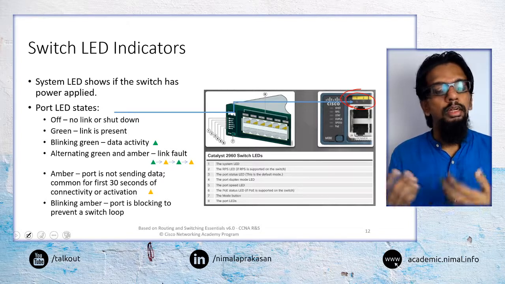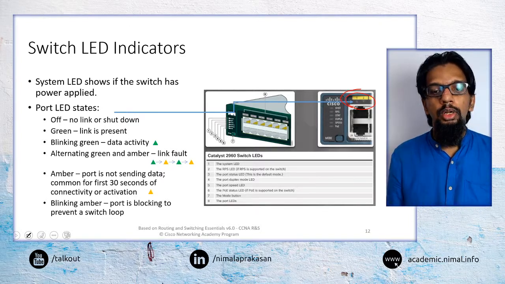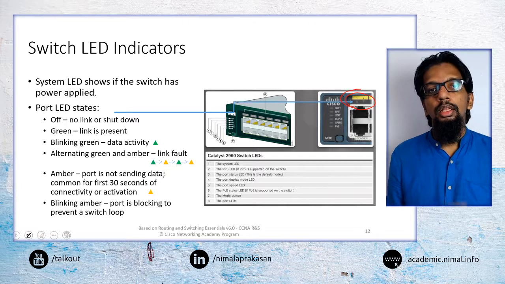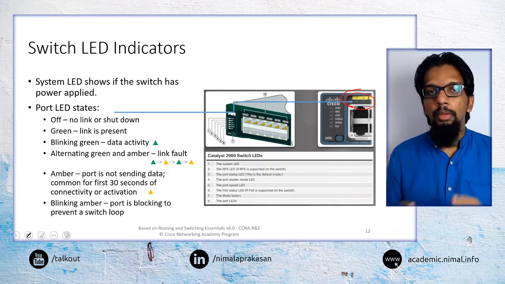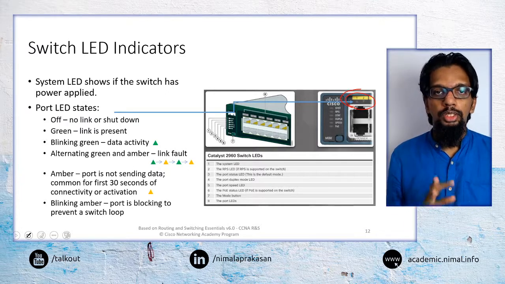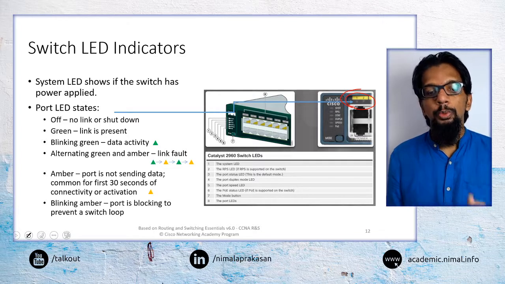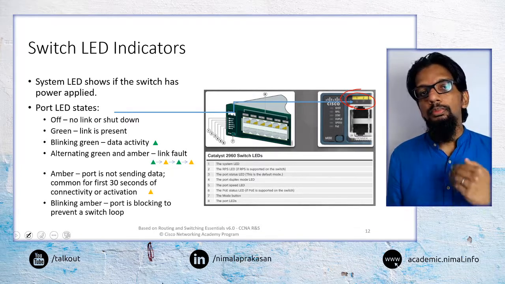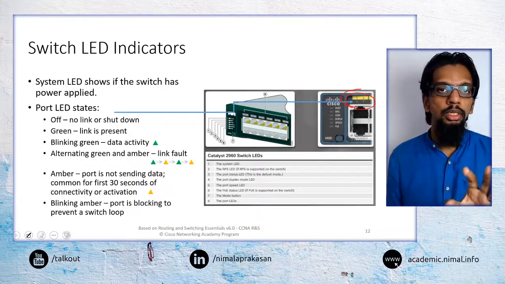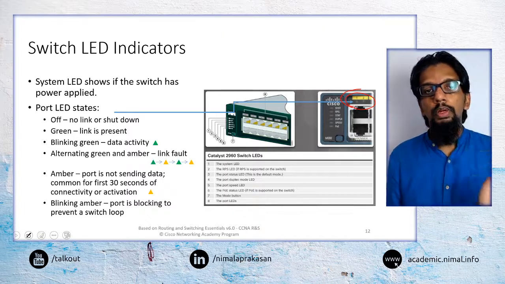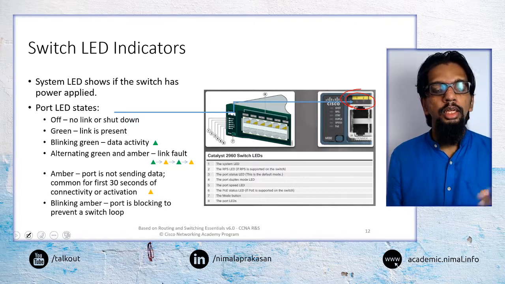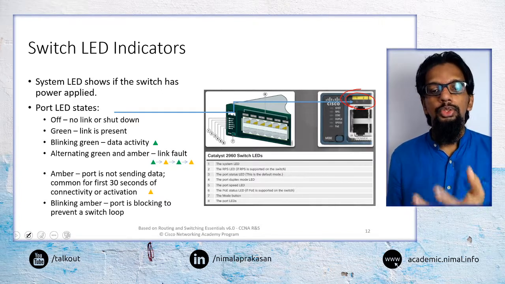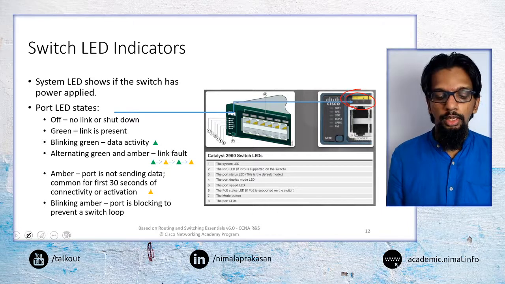If it is alternating between green and amber, then something is wrong with that connection, maybe a particular misconfiguration of the port. So these are some things that you can identify from a physical look at the switch, even before going into the configuration interface, just by looking at them.